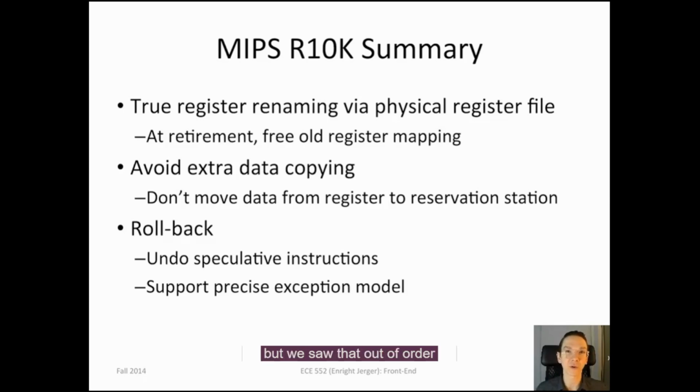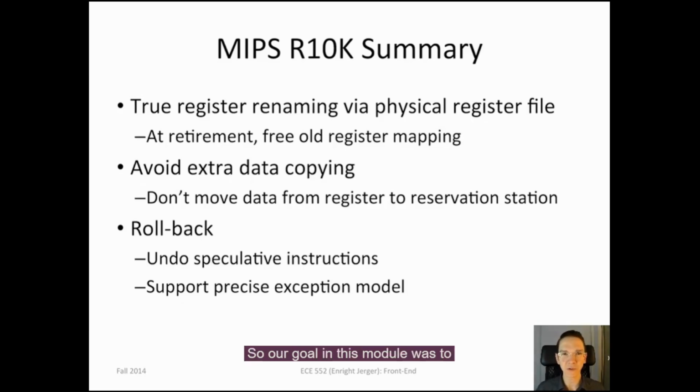But we saw that out-of-order processing all the way into the back end of the pipeline, specifically the write-back, broke correctness. We could no longer support precise exceptions, and we had to stall the dispatch stage until branches resolved.